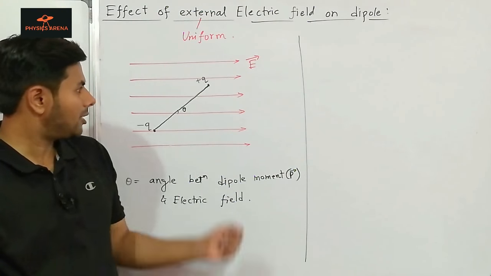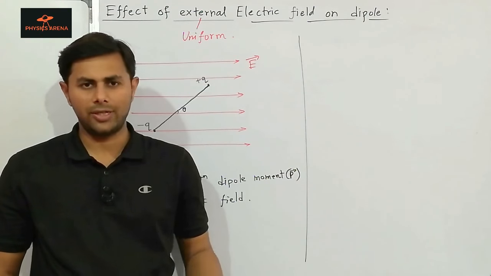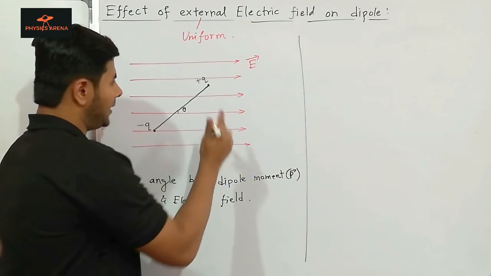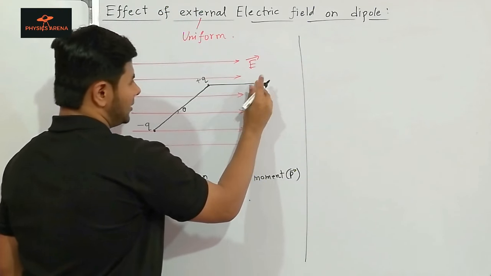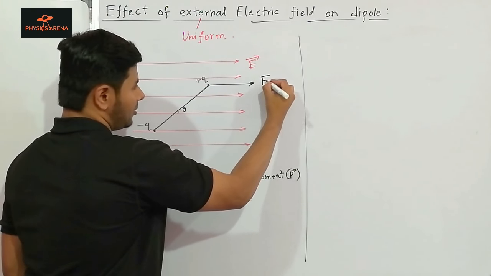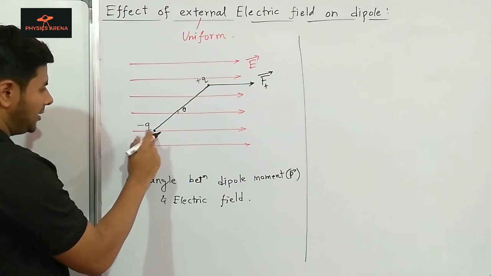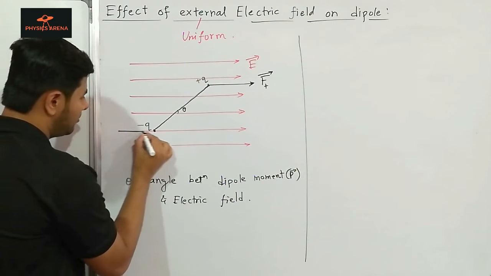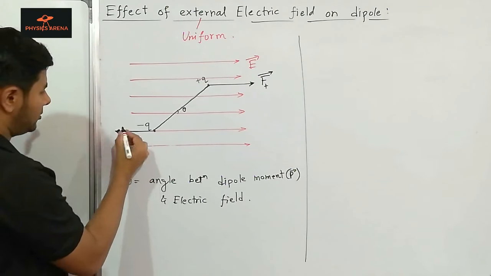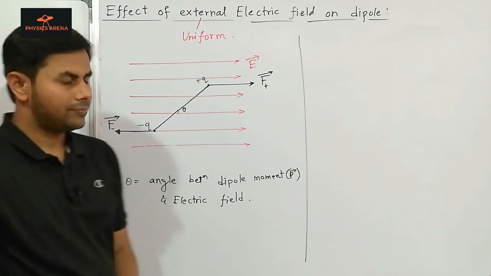Okay, now there will be force acting on this plus q and minus q due to the electric field. So the force on plus q will be directed like this, in the direction of the electric field. Let's call this force F plus bar, and the force on minus q due to the electric field will be directed like this. So this is F minus bar. Okay.